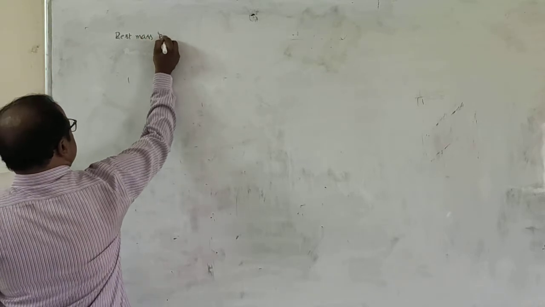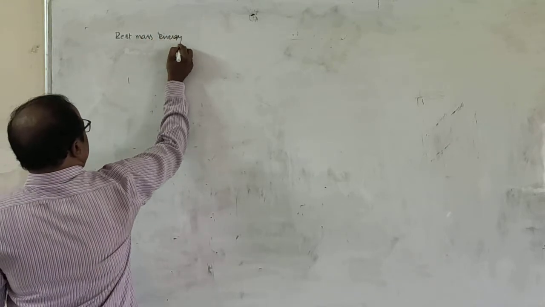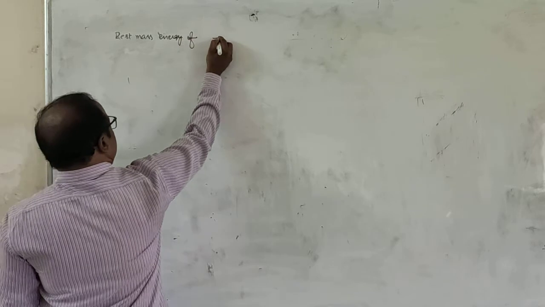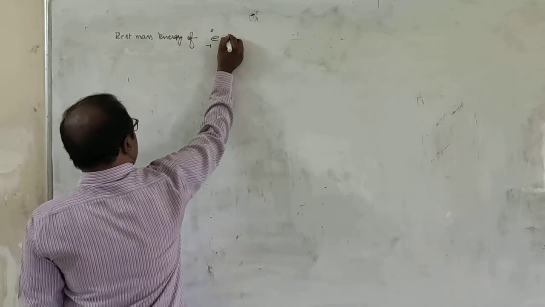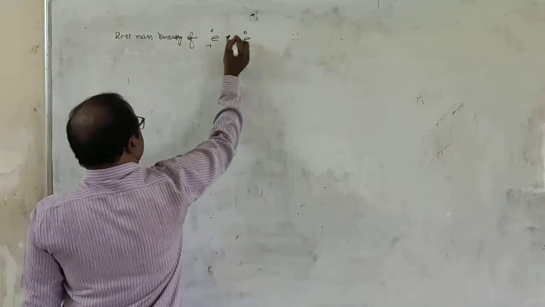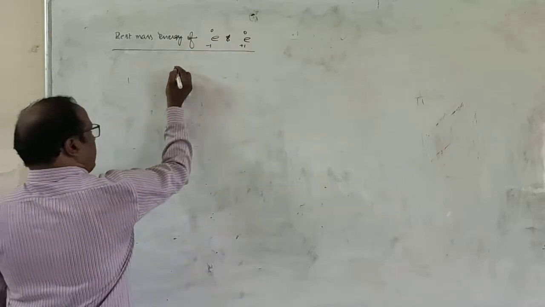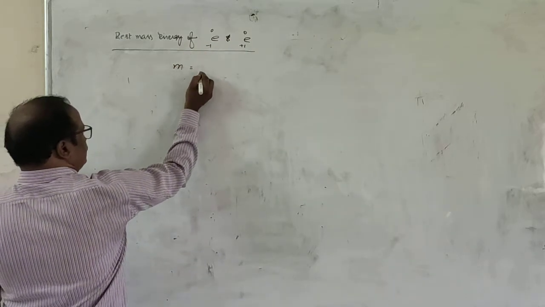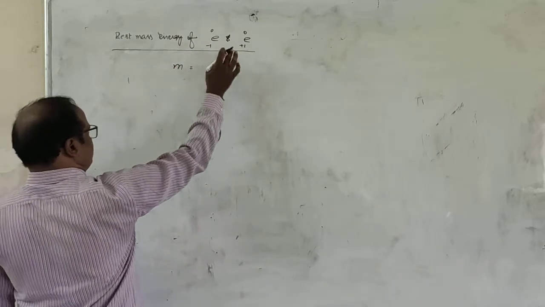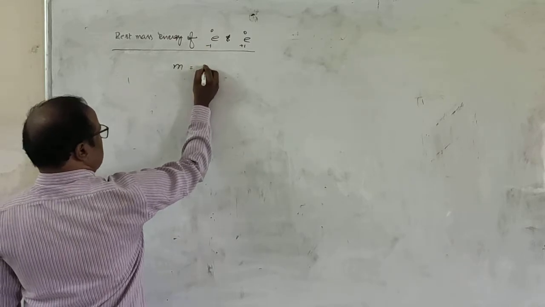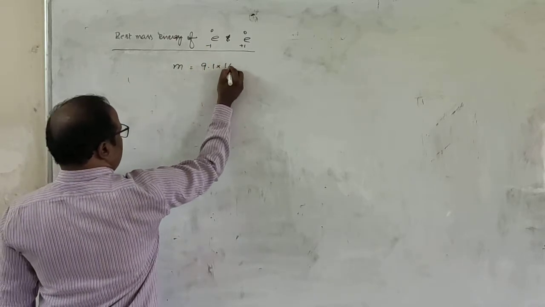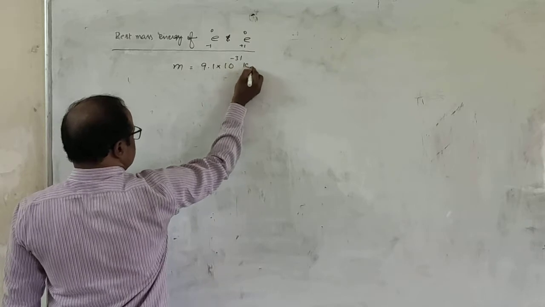Rest mass energy of electron and positron. The mass of the electron is equal to the mass of the positron. It is nearly equal to 9.1 into 10 power minus 31 kilograms.